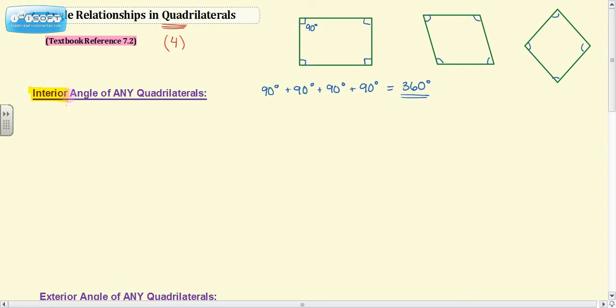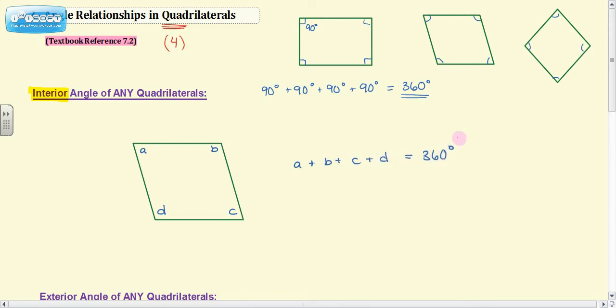So the rule of thumb for the interior angles of any quadrilateral, let's label them A, B, C, and D, is that if I add these interior angles up, I should get 360 degrees. Okay? So that's the first rule of angles in quadrilaterals.